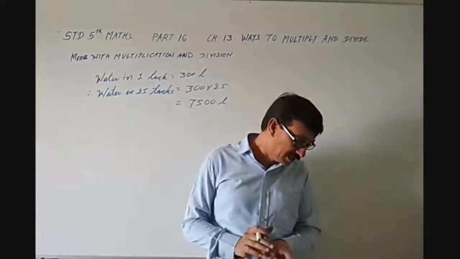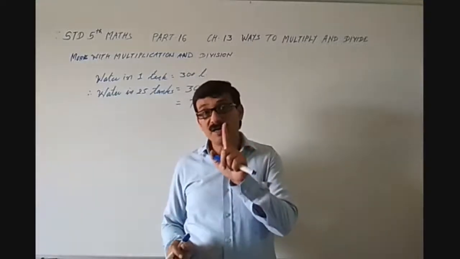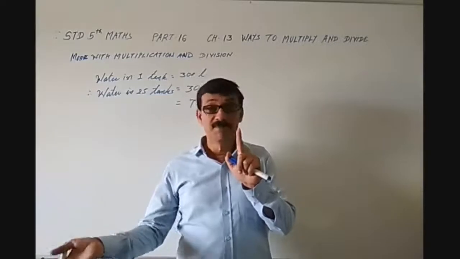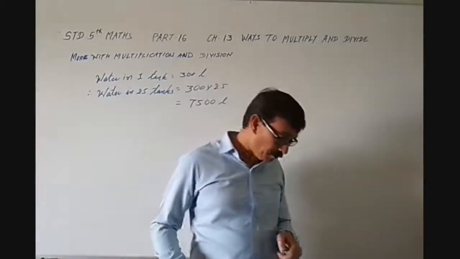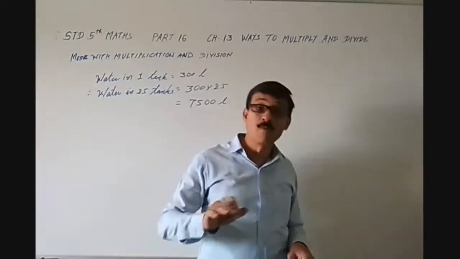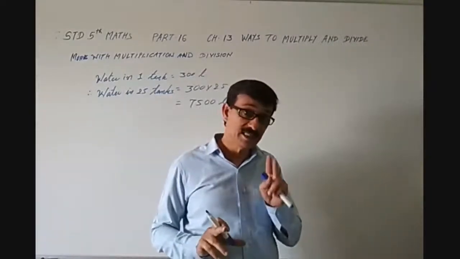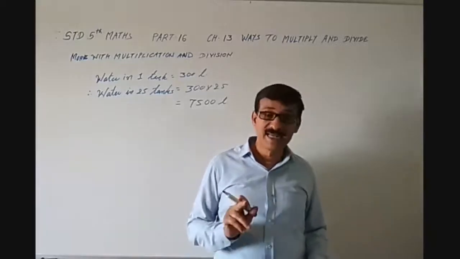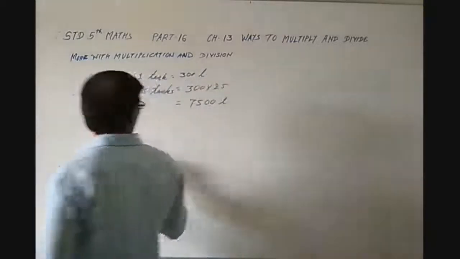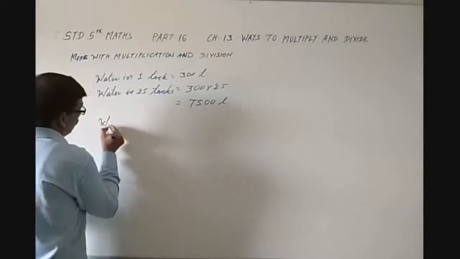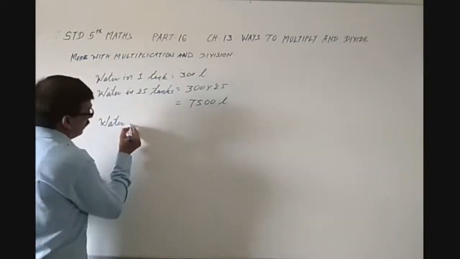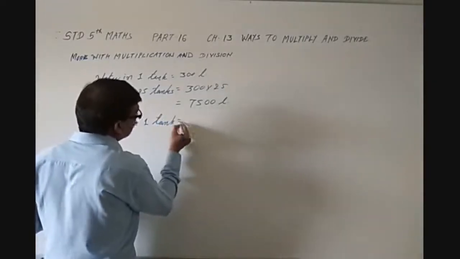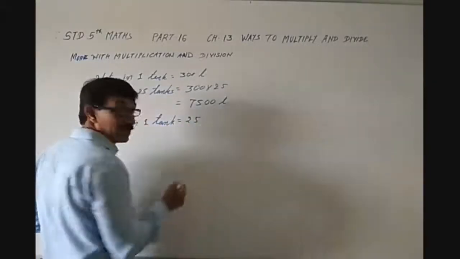Now the other question is also there. From one tank, 15 buckets can be filled. So how many buckets will be filled from all these 25 tanks? That is the other question. So let's try to solve that. Now, water in one tank is equal to 15 buckets, isn't it?